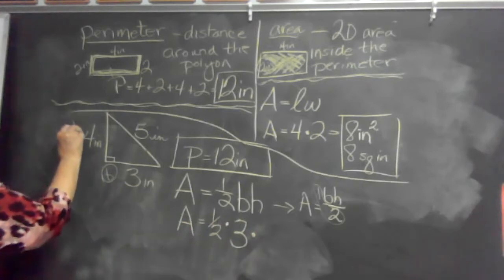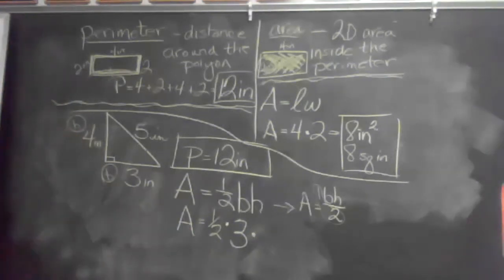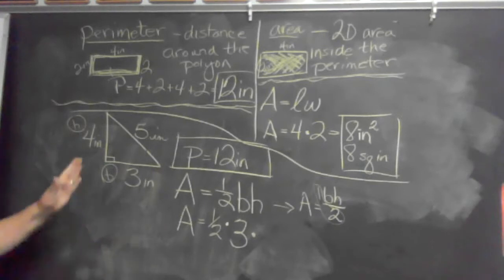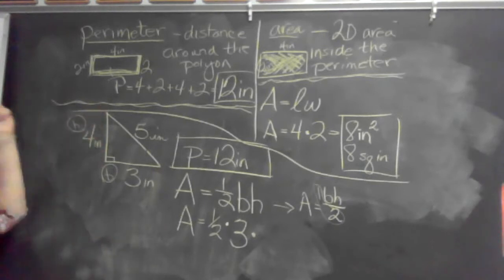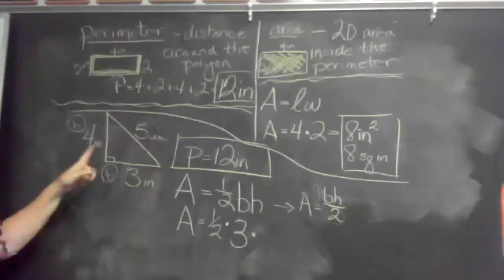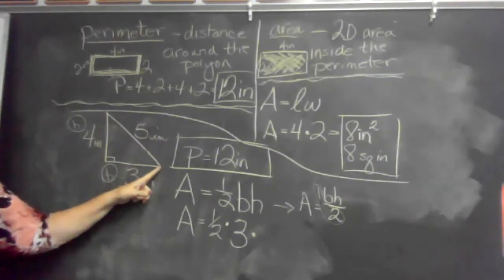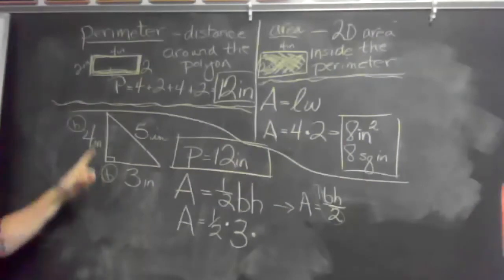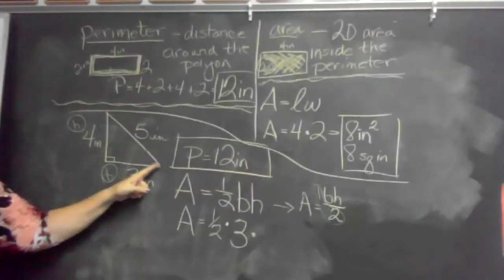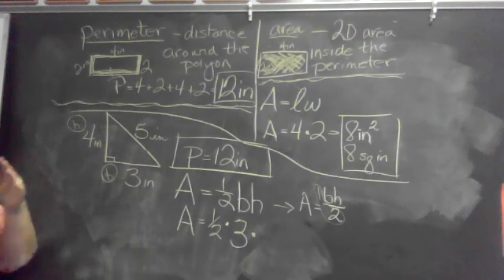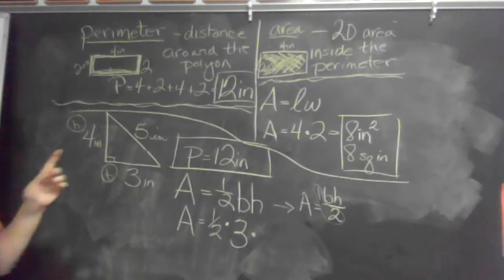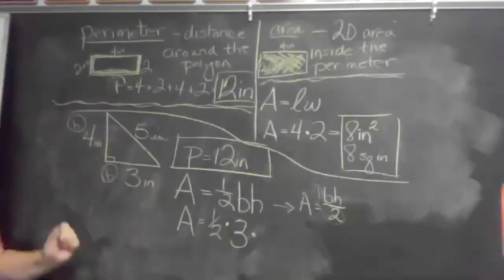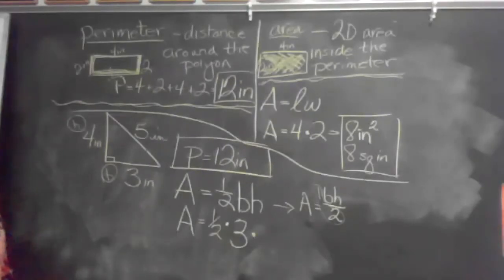But I want to make one specification: the height of a triangle must be perpendicular to the base. In this case, it is. The height and the base form a 90-degree angle. They're perpendicular to each other. So 4 is the height in this problem. I'll show you one where it's not.